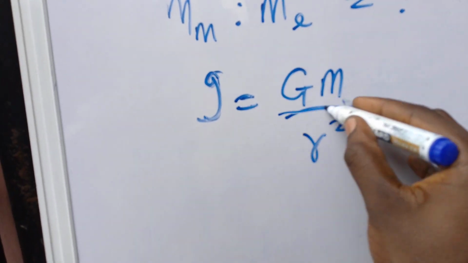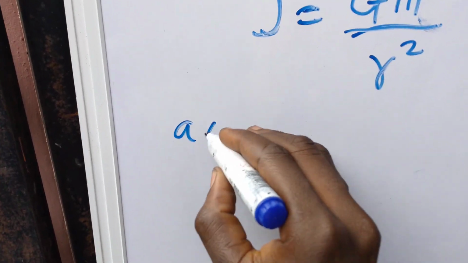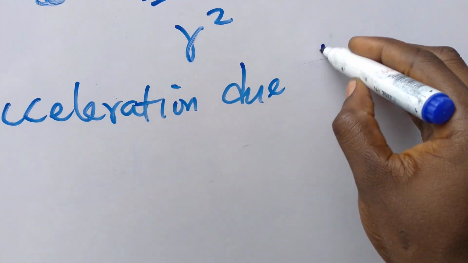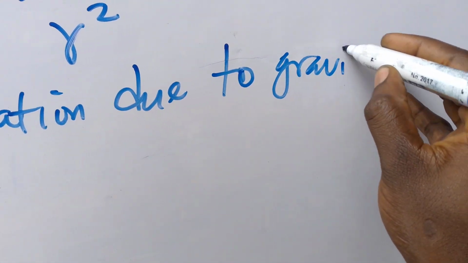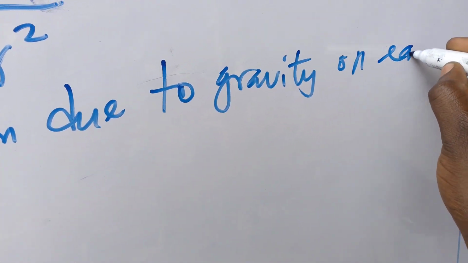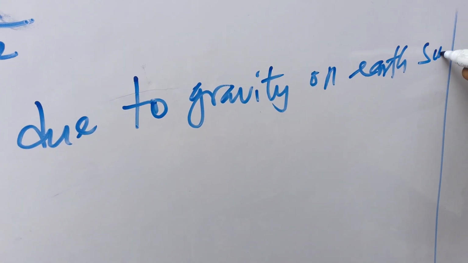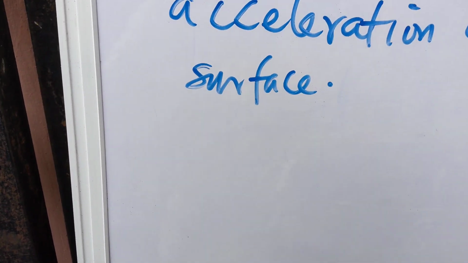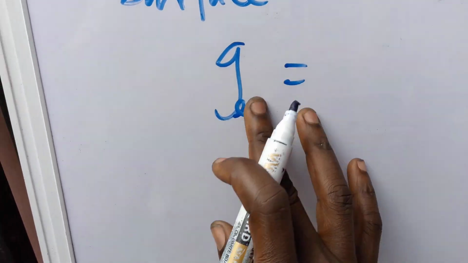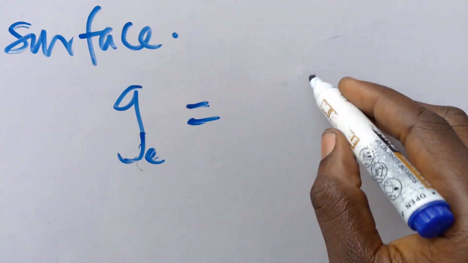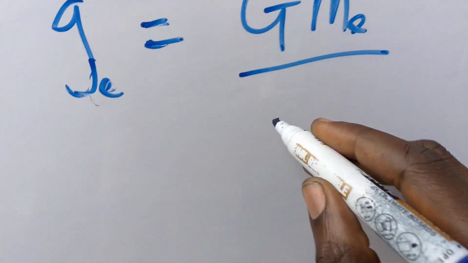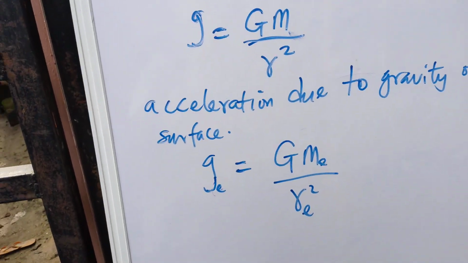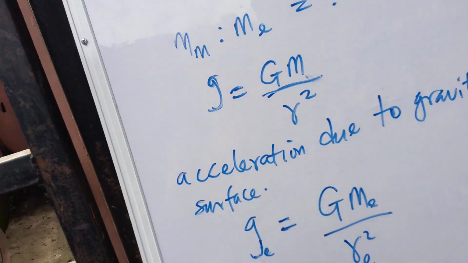The acceleration due to gravity on Earth's surface, GE, will be equal to capital G ME over RE square. That is it. So it implies that we are going to make the substitution.